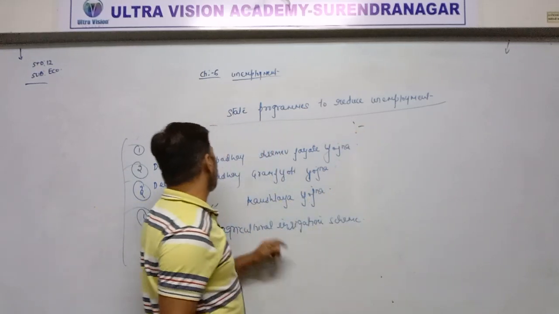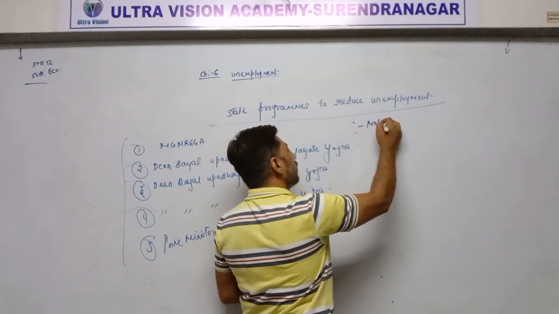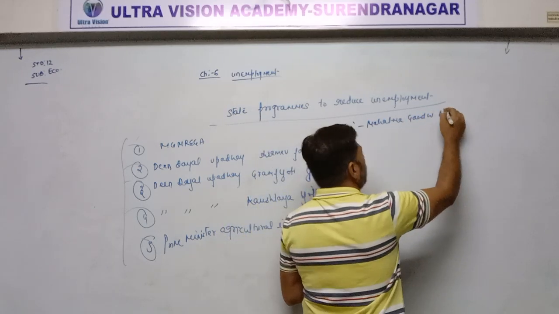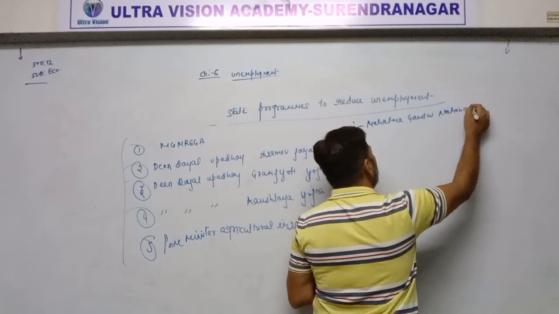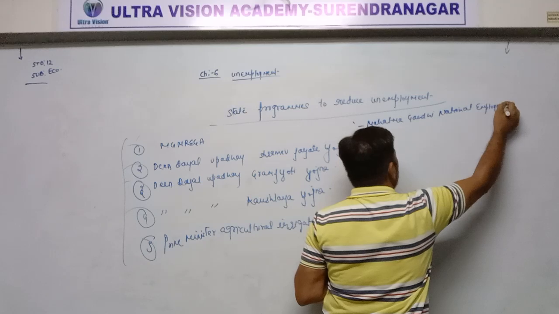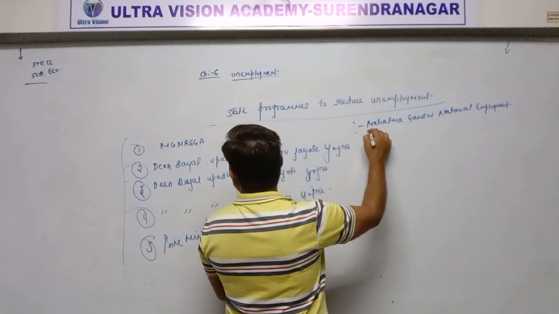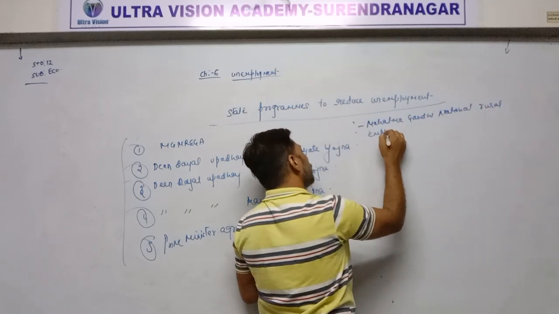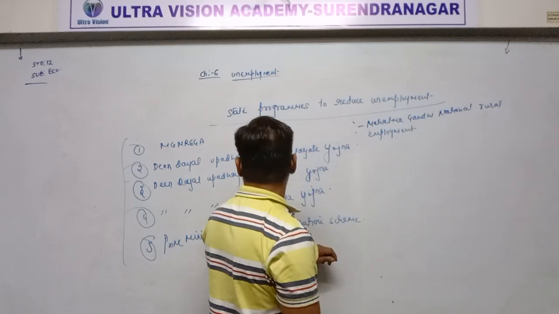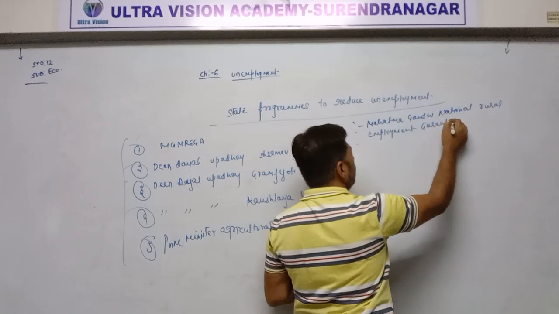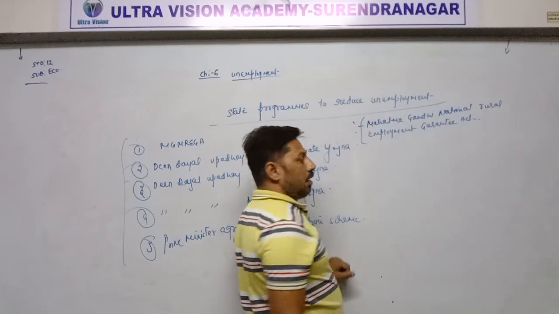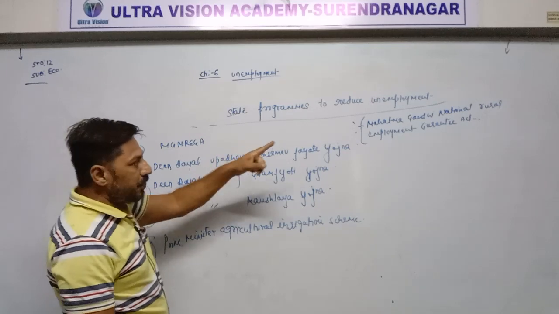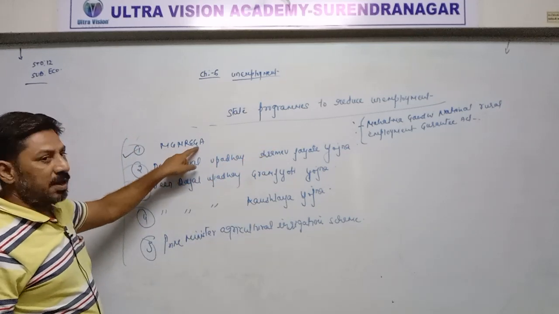First of all, the full form of MGNREGA is Mahatma Gandhi National Rural Employment Guarantee Act.